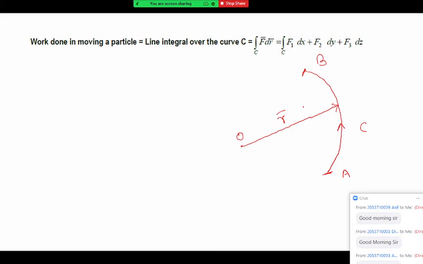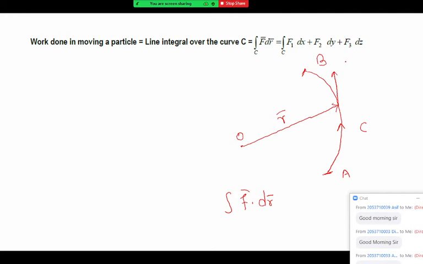Then the work done to move the particle from point A to point B is given by this line integral, the line integral of f bar dot dr bar, where f bar is the force under which that particle is moving on this curve. And dr bar is a tangent vector.